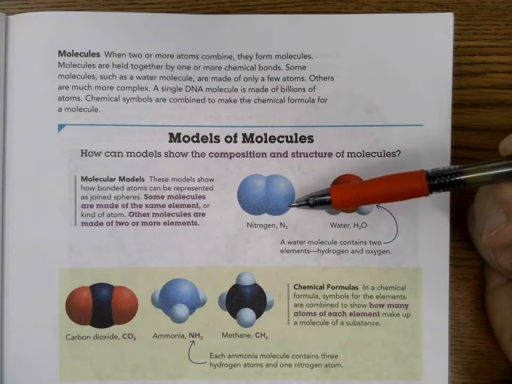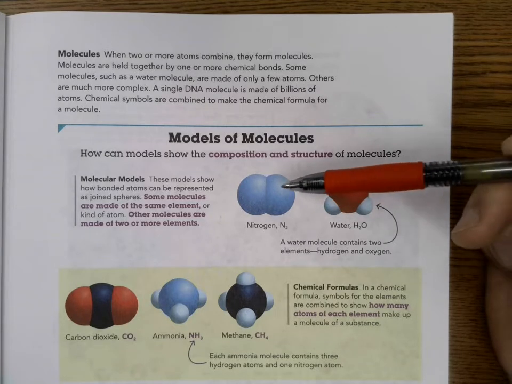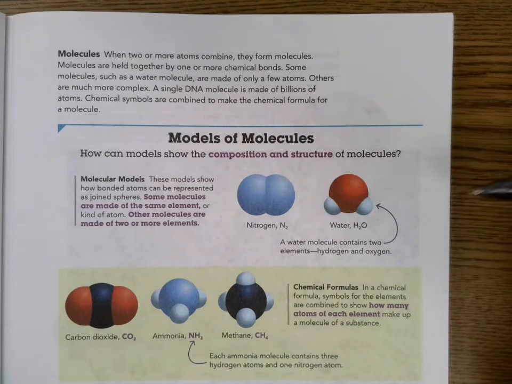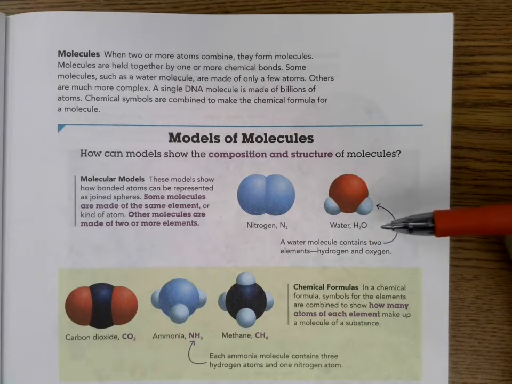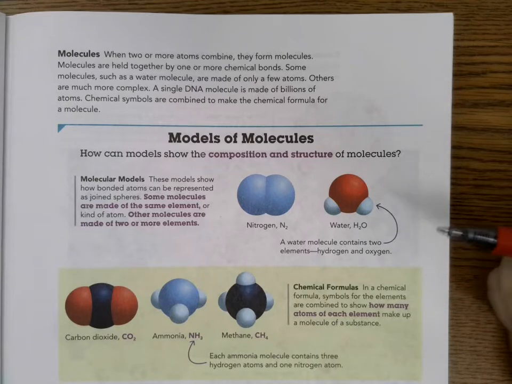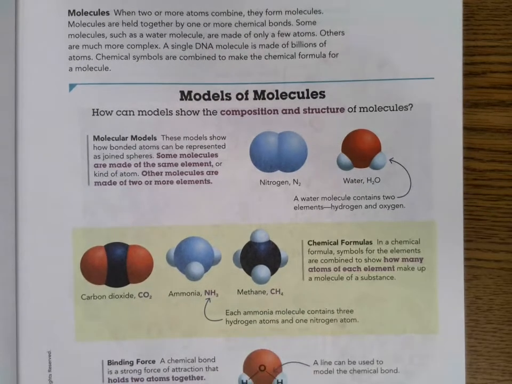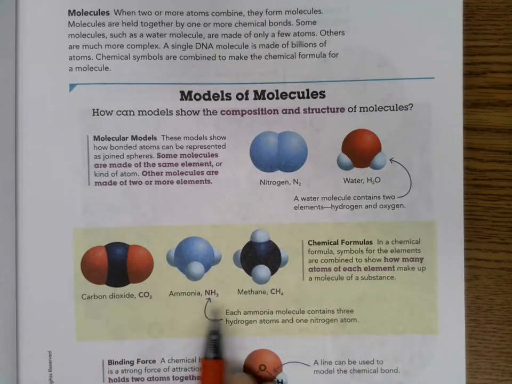It's a gas. And we have oxygen and hydrogen forming water. So they can come in a variety of 2 to 3 or even more. We can have very complex molecules such as fats and carbohydrates, lipids, proteins, etc. Down below here, we have carbon dioxide, ammonia, and methane.